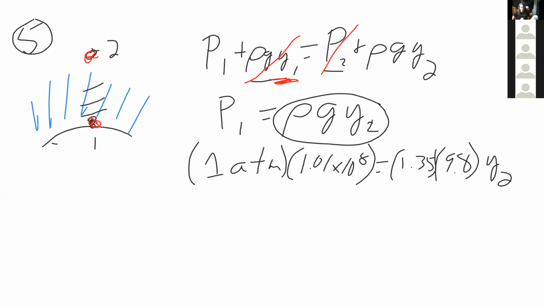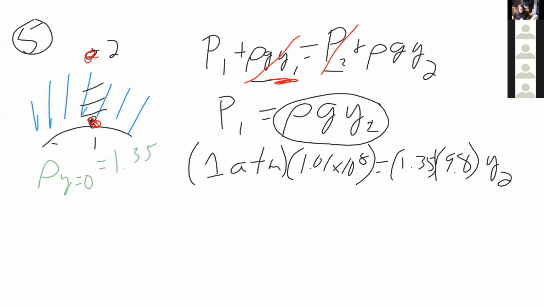They tell us to model it as decreasing linearly to 0. So we want to write an equation with a density at y equals 0 that is equal to 1.35 kilograms per meter cubed, the density of the air given in the problem.